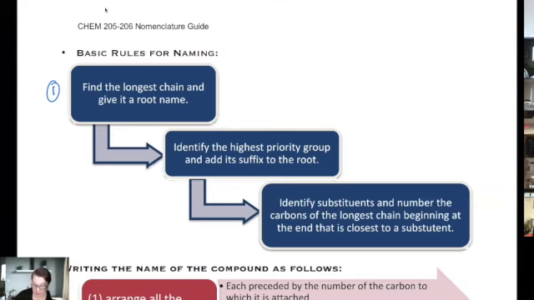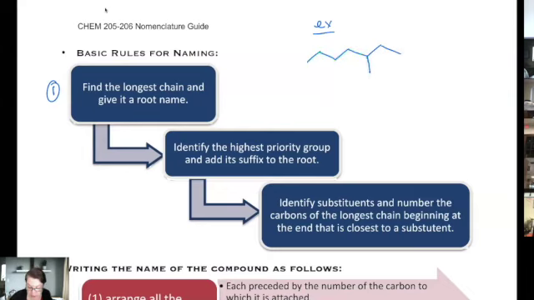So for example, here's a molecule right here. If I'm looking for the longest chain, I should also say carbon chain, what I want to do is start with my pencil on one end and see how many carbons I can get to without picking my pencil up.